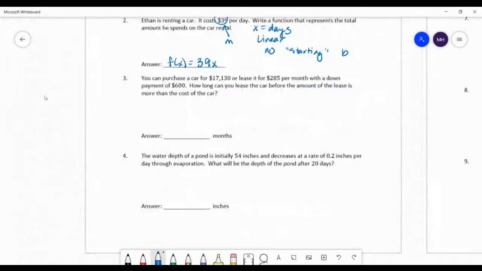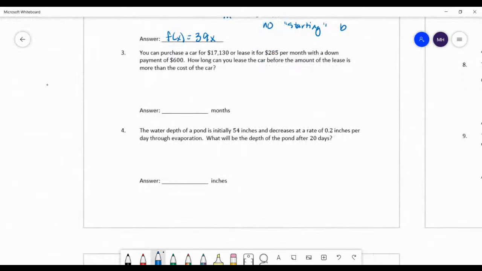All right, for number 3, you can purchase a car for $17,130 or lease it for $285 per month with a down payment of $600. Okay, so this right here is describing a linear function where 285 is the m value and 600 is the b value.